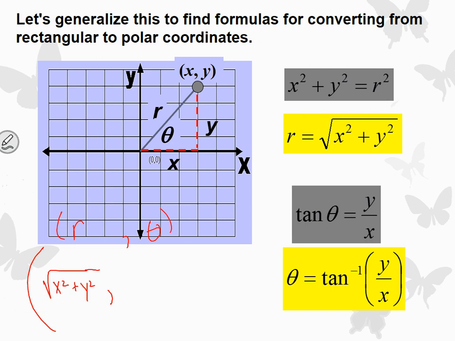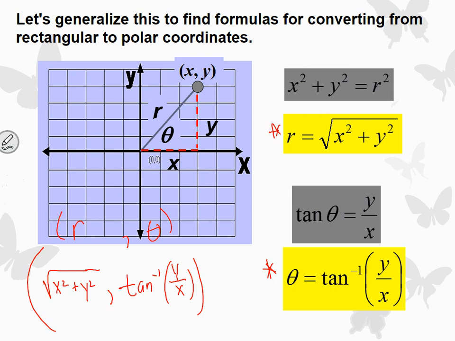The first coordinate is the square root of x squared plus y squared, and your second coordinate is always going to be tangent inverse of y over x. Okay. These two things are very, very important for us in regard to flip-flopping back and forth between coordinates, okay, from one system to the next. Is that something we can do?